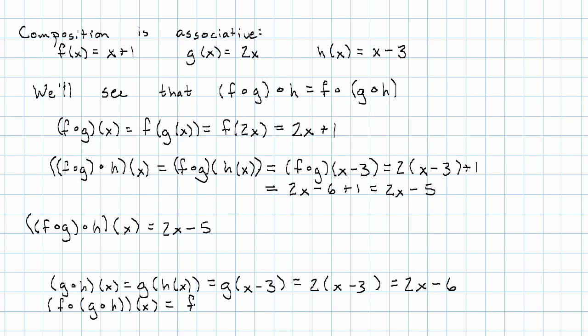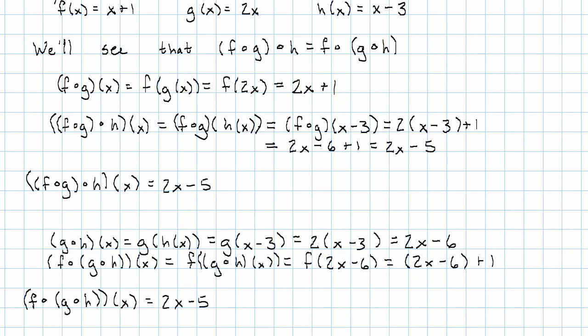Well, that'll be f of g composed with h of x. So that'll be f of 2x minus 6, which is what we just found out that g composed with h is. So that'll be 2x minus 6, f takes that and adds 1. Okay, simplifying that by combining like terms, we get again 2x minus 5.